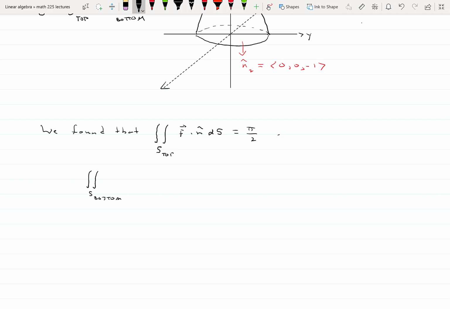it ends pretty quick after this. The integral of f dot n ds is the integral of y, x, z dotted with 0, 0, negative 1, ds over the bottom of this thing, over the disk.